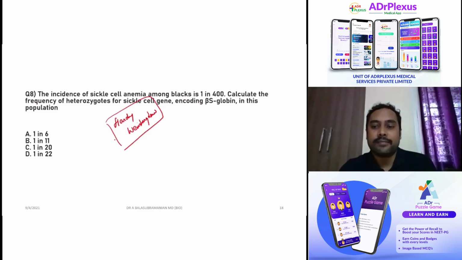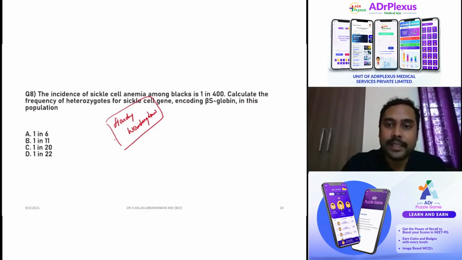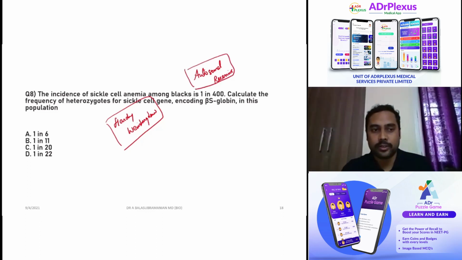Hardy-Weinberg law. The Hardy-Weinberg law is totally for autosomal recessive inheritance.